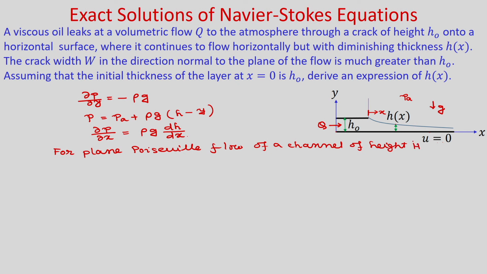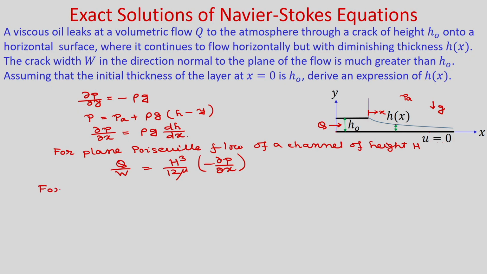So, we know that q by w is equal to h cube by 12 mu minus del p by del x. So, now this thickness we are considering as half width or half thickness of the plane Poiseuille flow. So, obviously, in this case then capital H will be 2 h, and volume flow rate obviously it will be half.